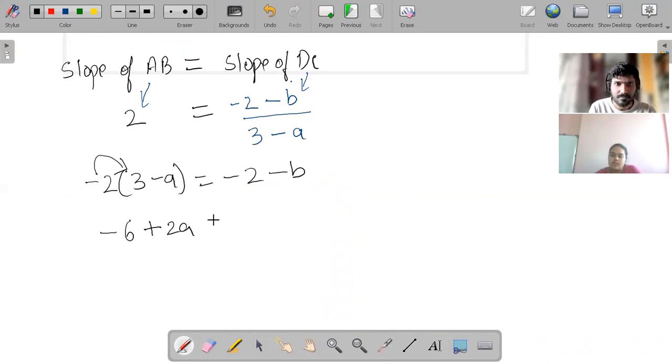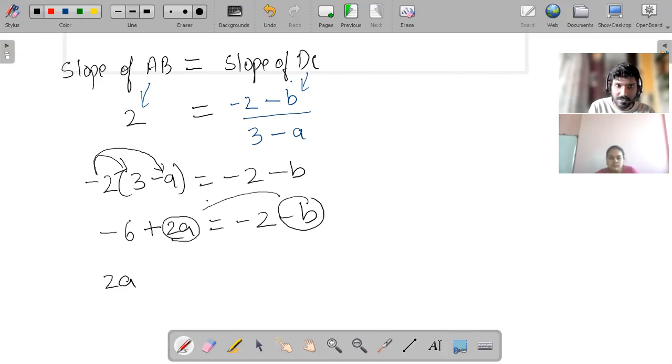Clear? Minus into minus becomes plus. So here minus 6 plus 2A equals minus 2 minus B. Now what you do is bring all the variables together. So this I'll write first, 2A. Then take this minus B on the other side, it became plus B, equal to minus 2.